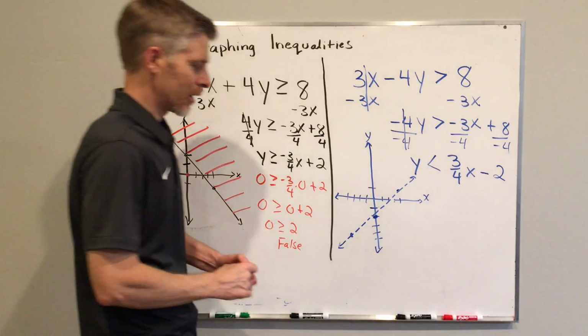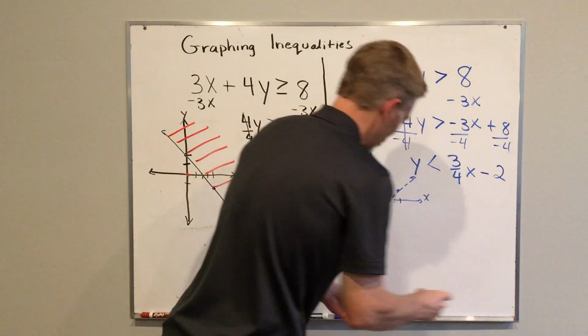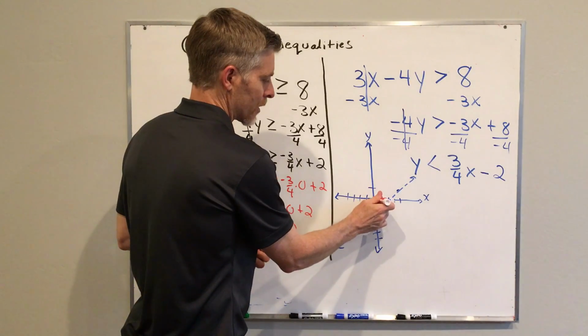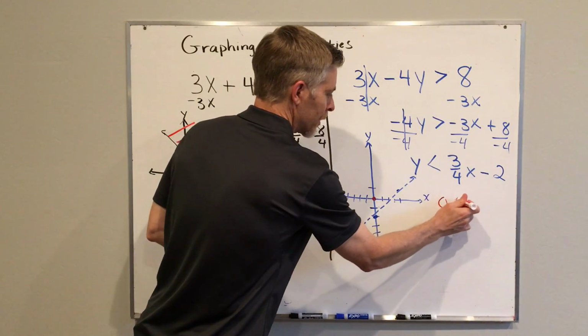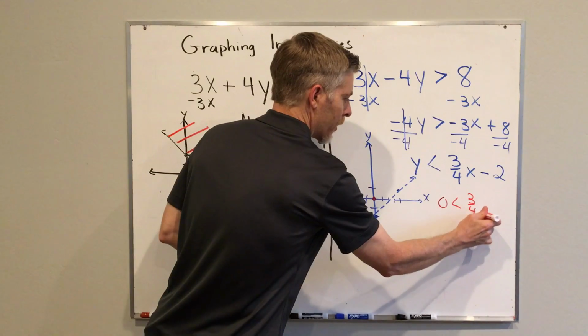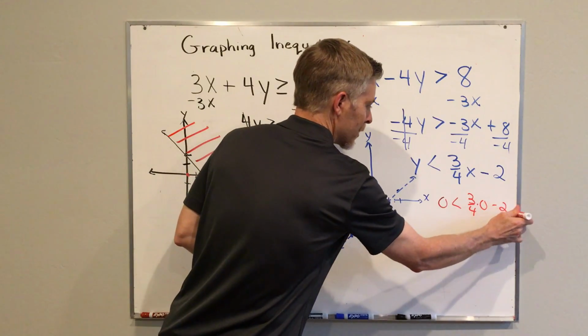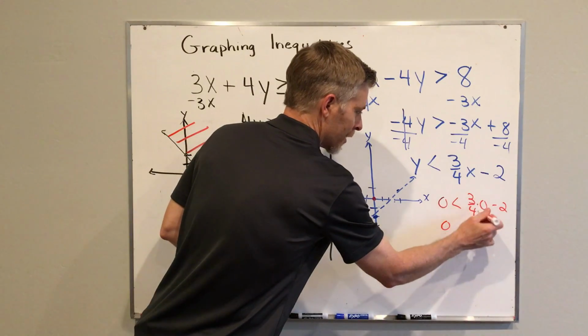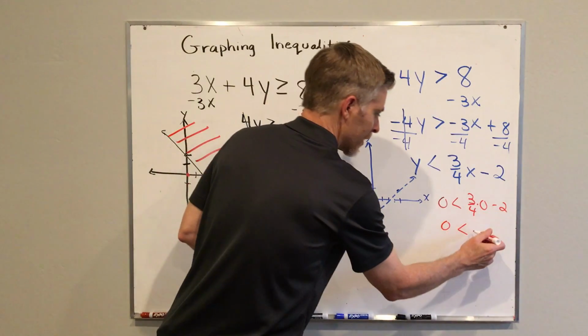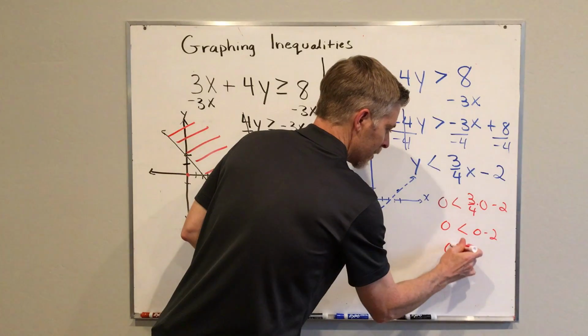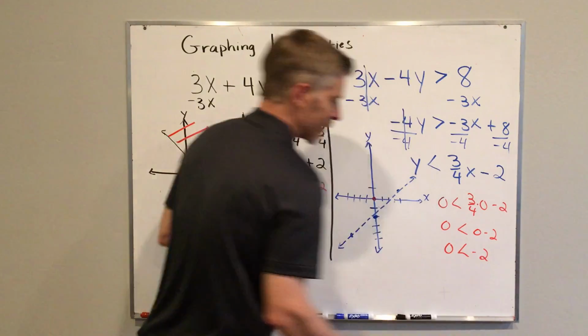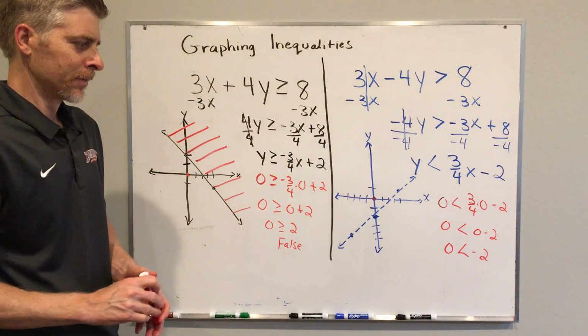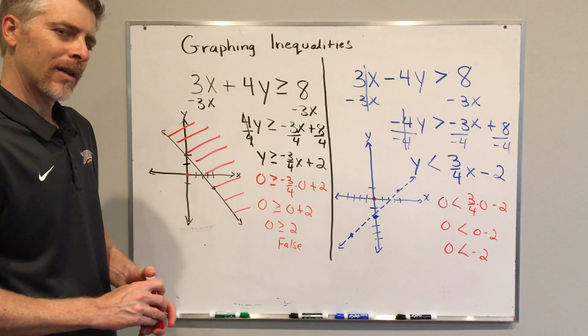Now, which side do we shade? Let's put in our test value of 0, 0. Is 0 less than 3/4 times 0 minus 2? Is 0 less than 3/4 times 0, which is 0, minus 2? Is 0 less than negative 2?